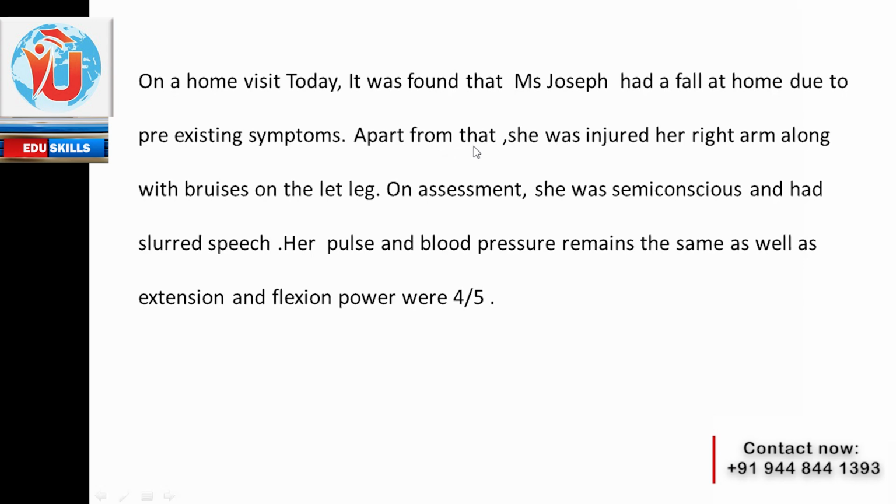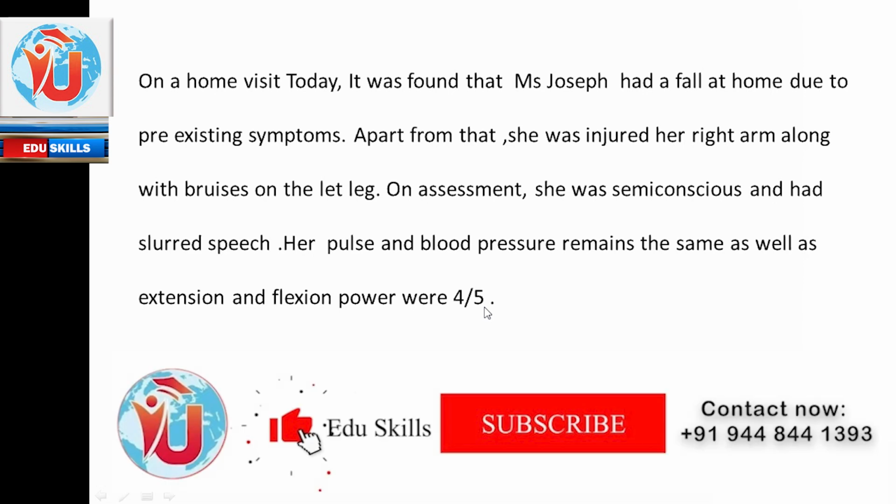Then apart from that, I used a connector, "apart from that," comma, she injured her right arm along with bruisedness on the left leg. Then on assessment, it was noted that she was semi-conscious and had slurred speech. Her pulse and blood pressure remain the same, as well as extension and flexion power were 4 out of 5.